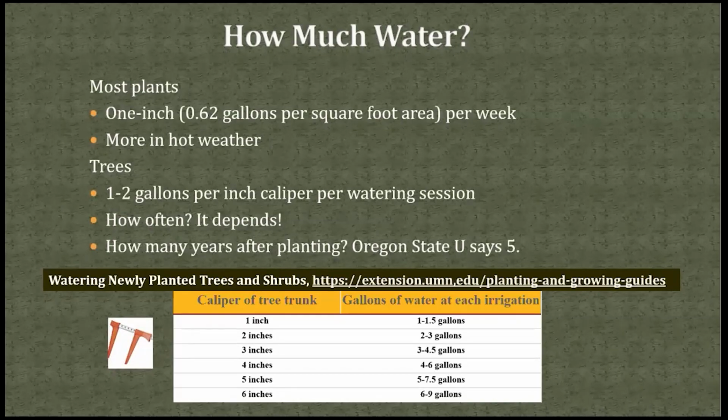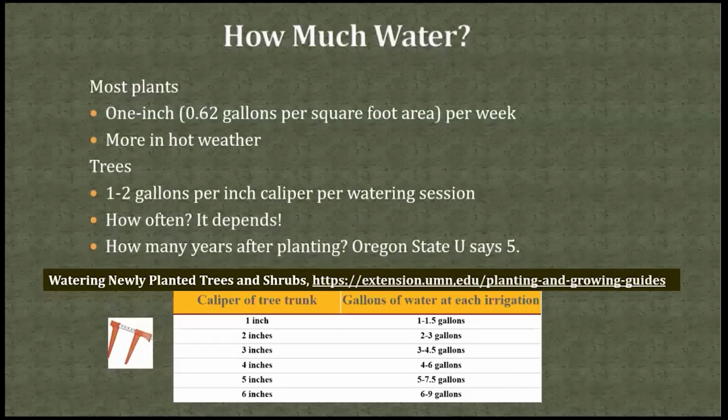Well, what about trees? They need, according to this study, at least 1 to 1.5 gallons of water per caliper inch of tree trunk. And that's for 1 session. That's not per week.